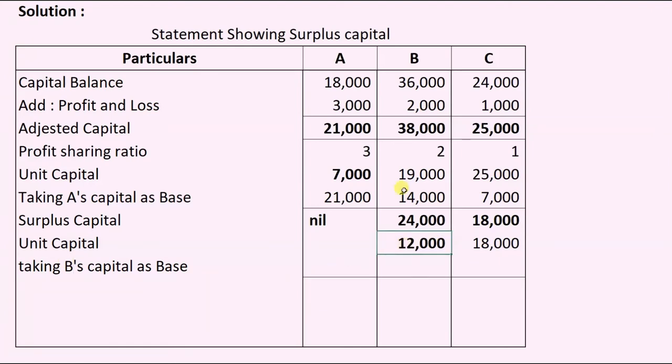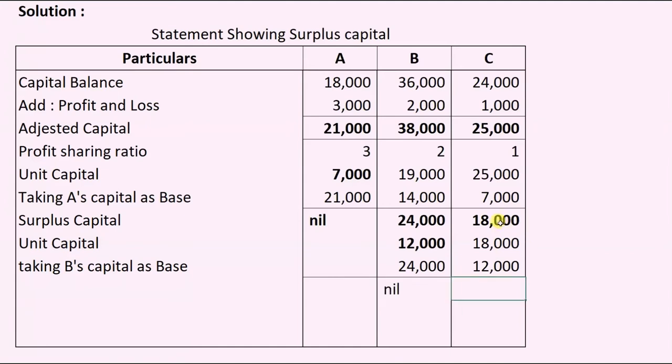Then we will multiply this amount by their profit sharing ratio. So 12,000 into 2, 24,000, 12,000 into 1, 12,000. And here the balance is nil, so this amount is not considered. So 24,000 minus 24,000, the balance is nil.